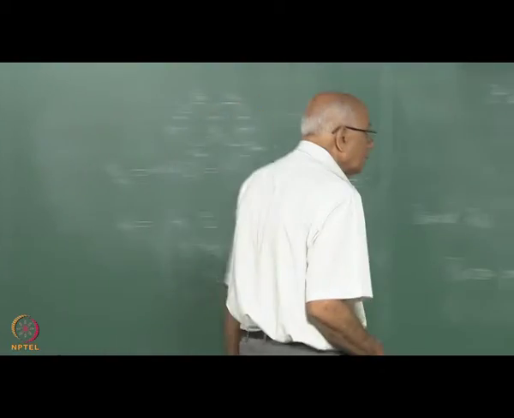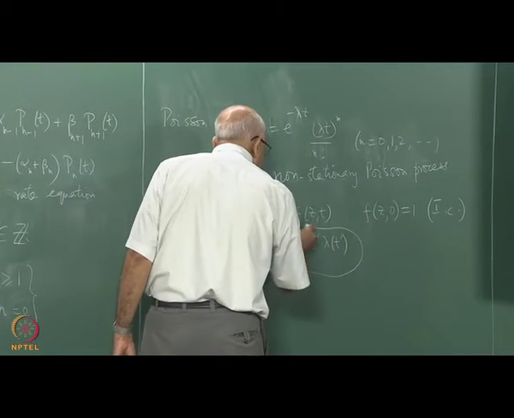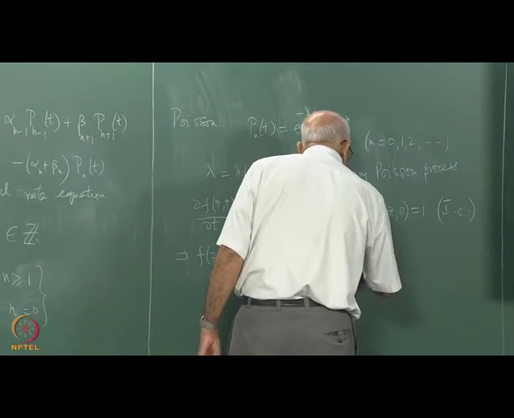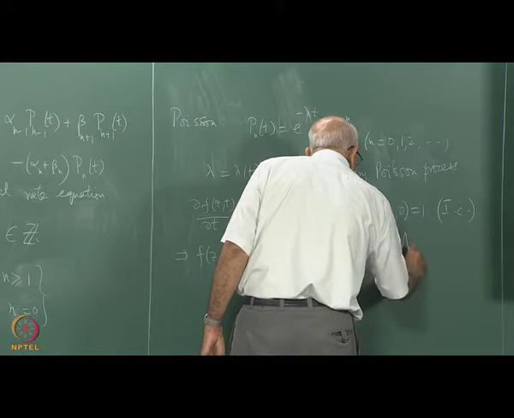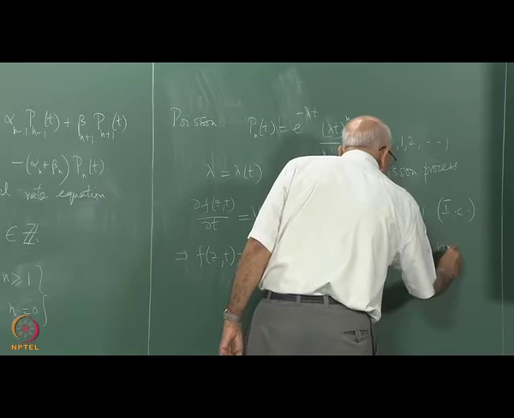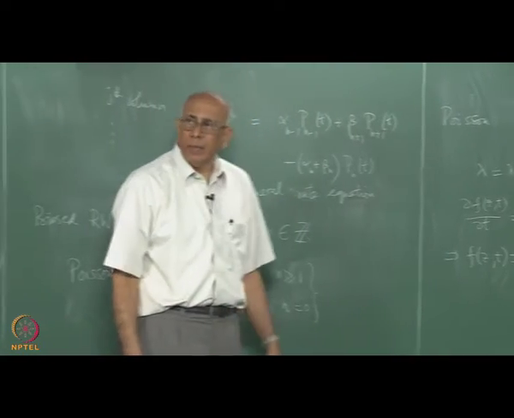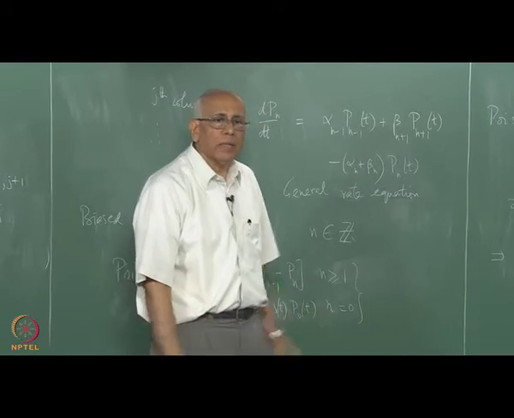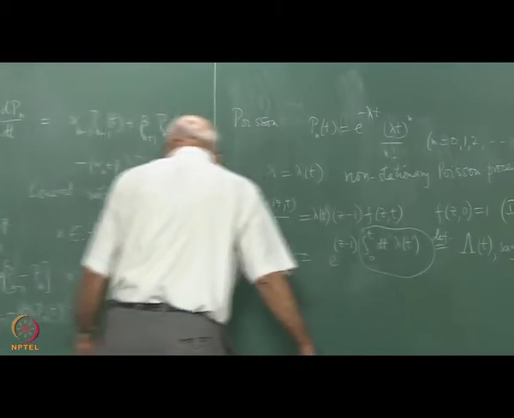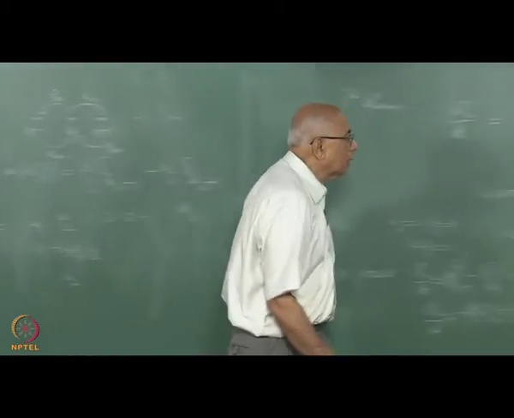Right. So if you define this quantity to be some Lambda of t, call it that, then we are ready to write down what the probability itself is. Once again it is just the coefficient of z to the power n.